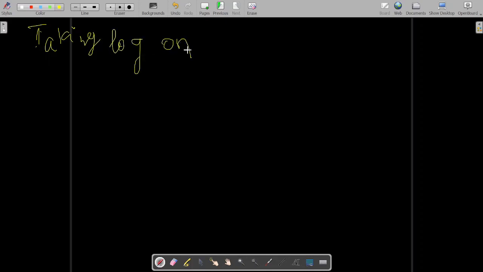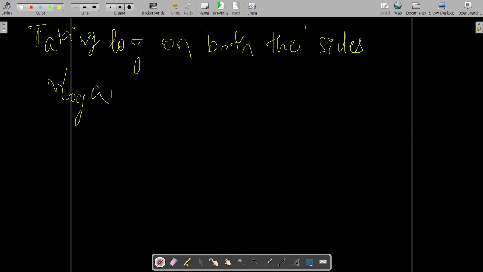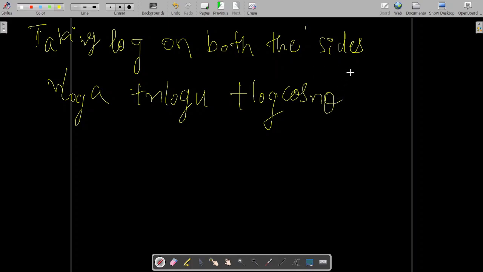Now take the logarithm on both sides. After you take log on both sides, what do you get? n log a plus n log u plus log cos n theta is equal to log 1, which is equal to 0.